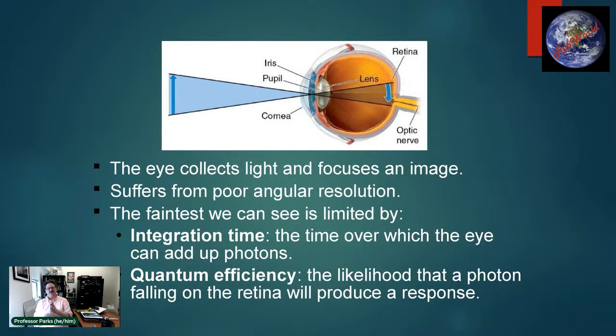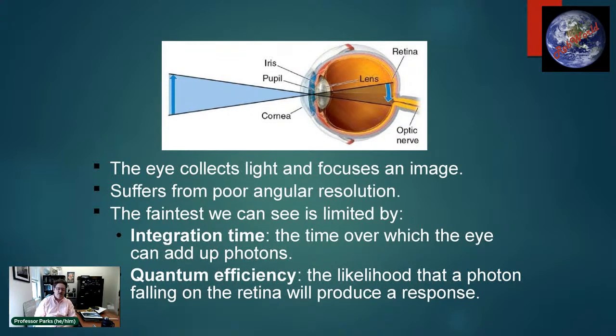So there are two things we need to discuss in terms of judging the quality of a detector. There is something called the integration time, and then there is something called the quantum efficiency. The integration time, simply put, is the amount of time that the detector receives light before it downloads that information to the computer. You can think of it as a shutter speed.